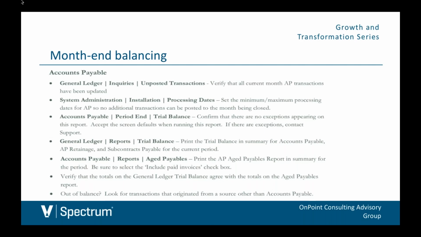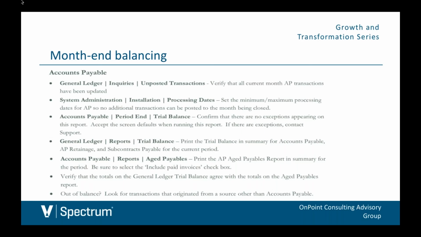If I make the minimum date August 1st, I can do that all the way down that list on the processing dates because all of my transactions are posted. So let's just move the minimum date on everything, and then I don't have to go revisit it every time I go into another module.